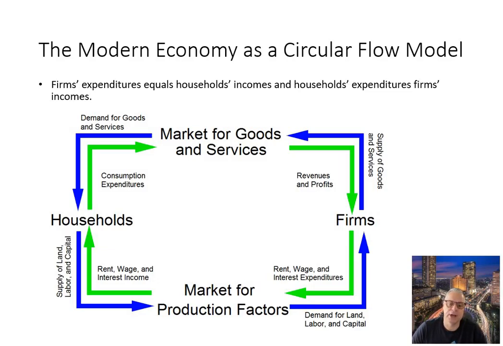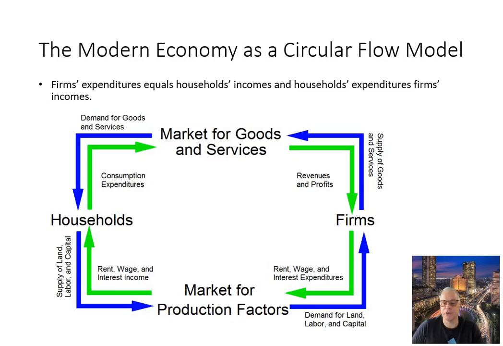And of course the households, when they supply the production factors of land, labor, and capital, they receive income, and that income is called rent for land, wage for labor, and interest for capital.